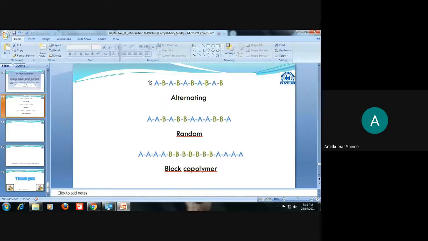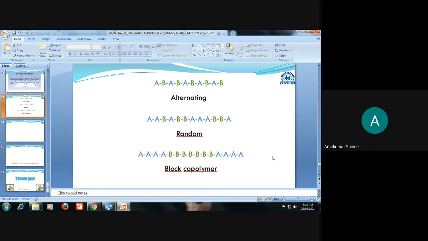For example, suppose A is the monomer, then there will be a chain of only A. From start to end, only A monomer will be there. When a polymer is formed consisting of a single monomer's chain, that process is termed homopolymerization, and that polymer is termed a homopolymer.